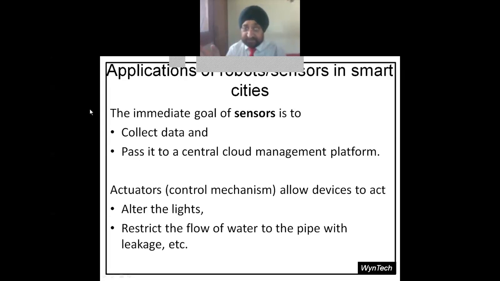Actuators are sensors which take decisions also, right? I gave you the example in the first slide: if we put actuators which take the input from the sensor that traffic is more from the north direction of a signal, then the actuators switch on the green light.